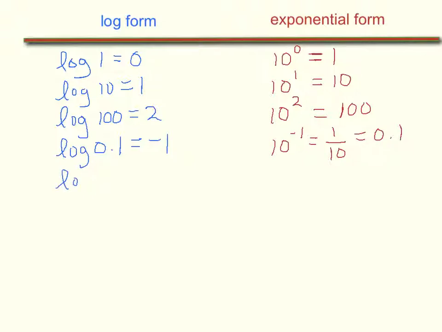One more. In this stage of the game, 0.01. -2. Why? Because 10 raised to the -2 is the same as 1 over 10 squared, which is 0.01. Hopefully you're getting the picture.